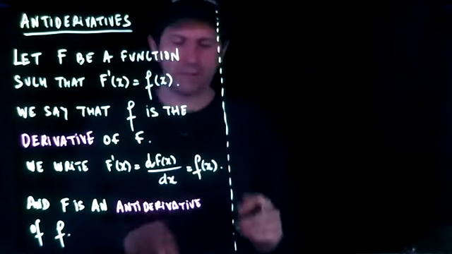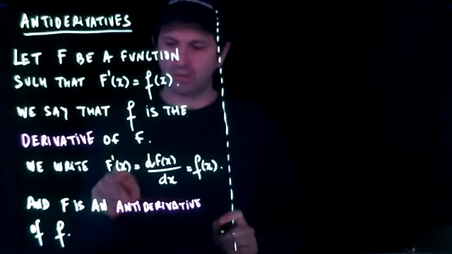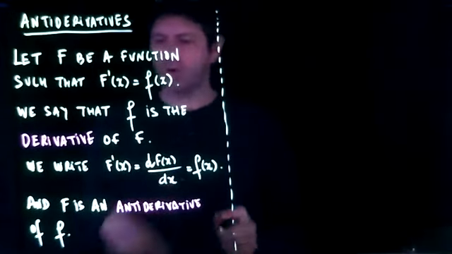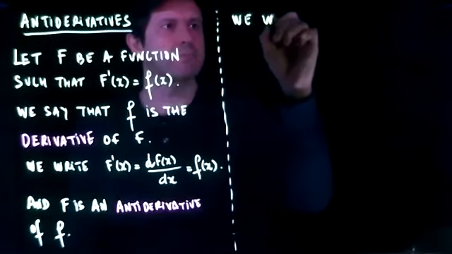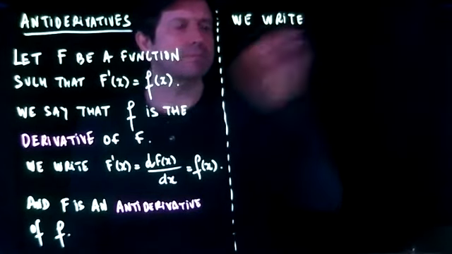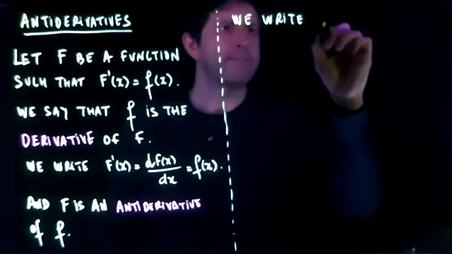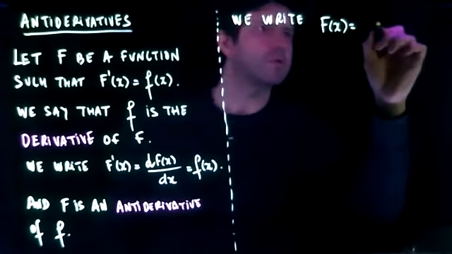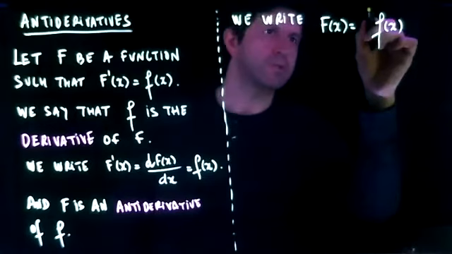I'm going to write down the notation, just like I wrote the notation to find the derivative, either prime or d dx. So for the antiderivative, we write big F is equal to, so how do I write this? There's a big symbol that you've probably seen.